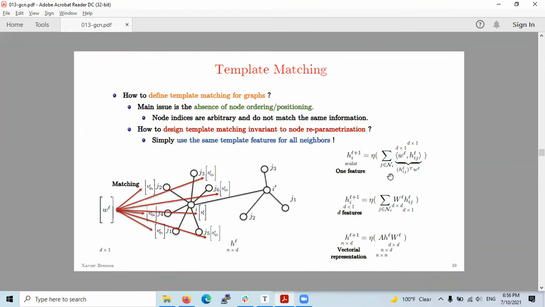This is what we have been doing in the regular CNN that we have studied until now. It's basically an inner product of the weights of this feature vector W with the neighboring nodes, and then, obviously, the non-linearity.